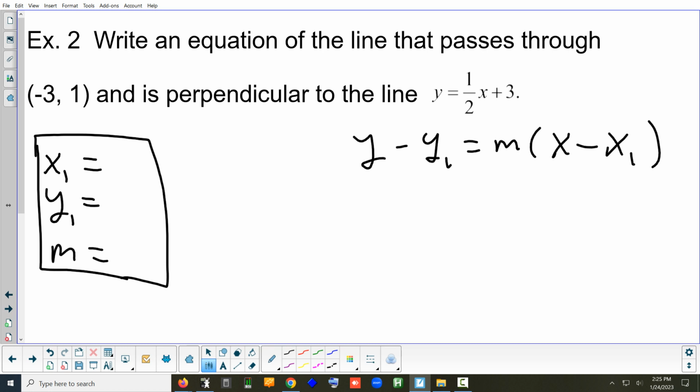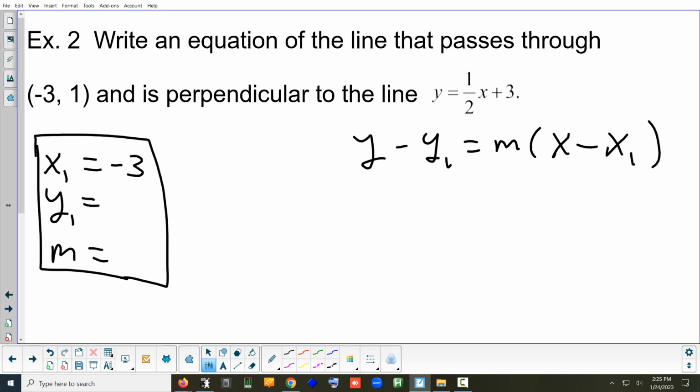Anyone think they know what x1 is? Abby? Yeah. It's the number before the comma in the coordinate they give you. So -3. How about y1?